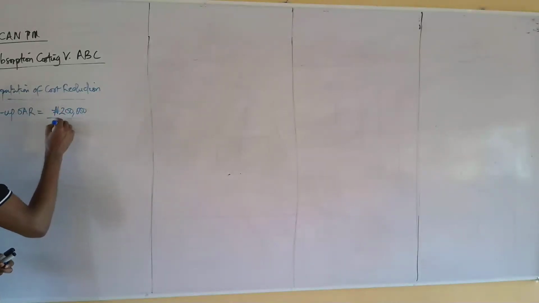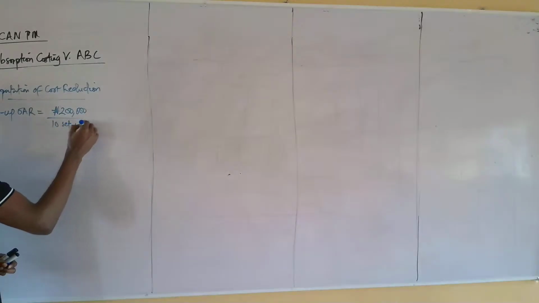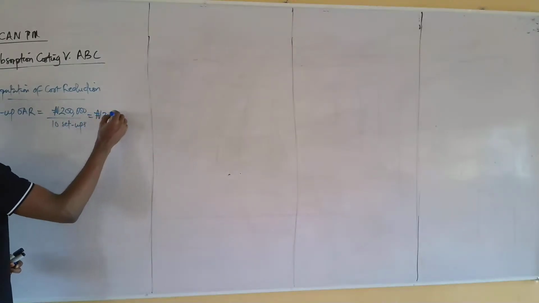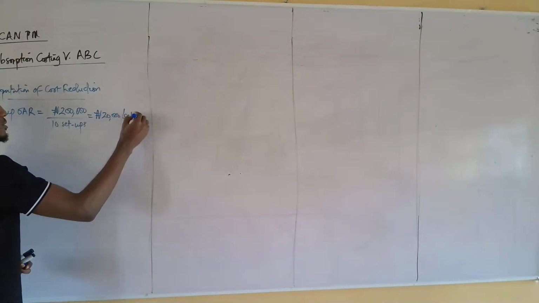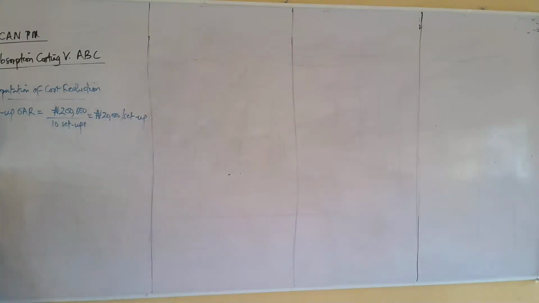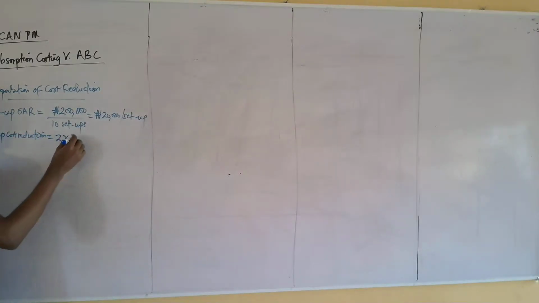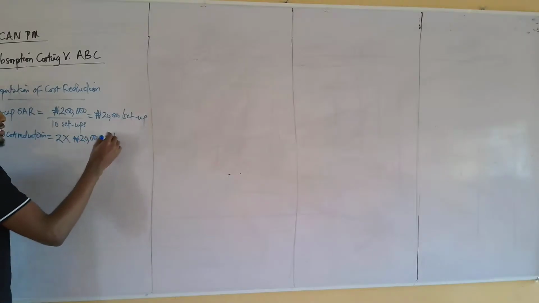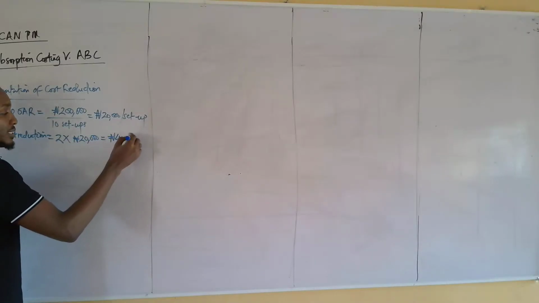All over 10 what? 10 setups, which will give us 20,000 per setup, right? Yes. Now the setup cost reduction, they said the reduction will be 2 setups, right? So it will be 2 times 20,000. So the reduction in setup cost is 40,000.